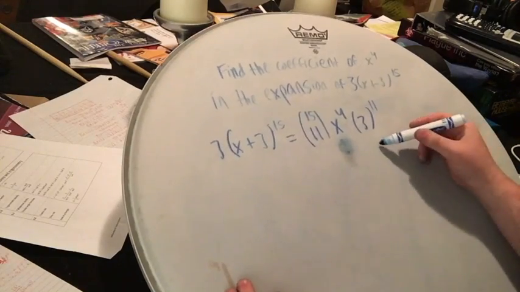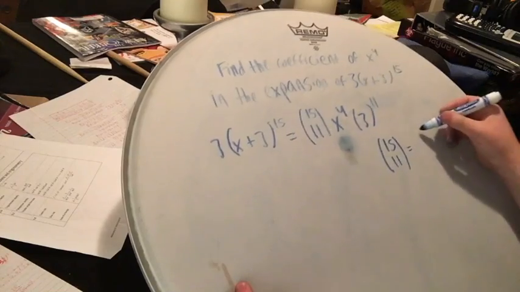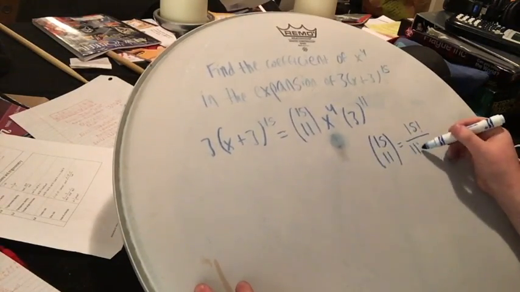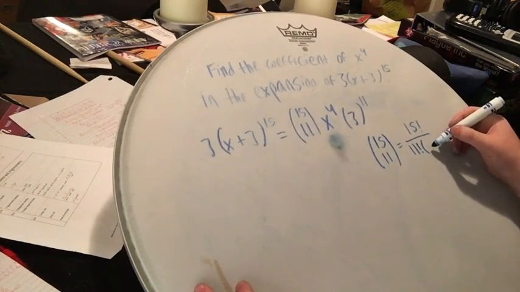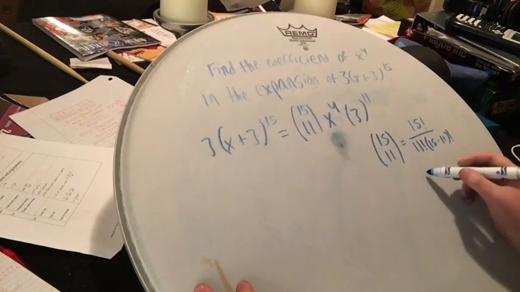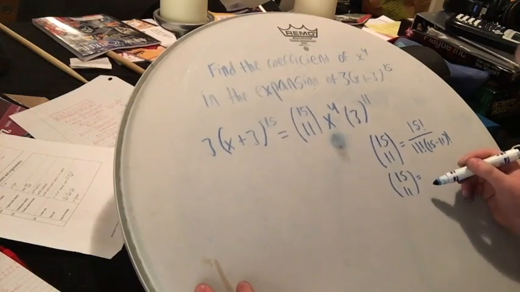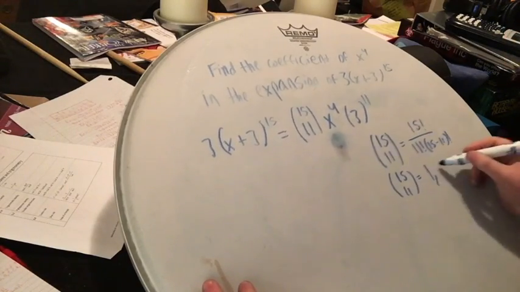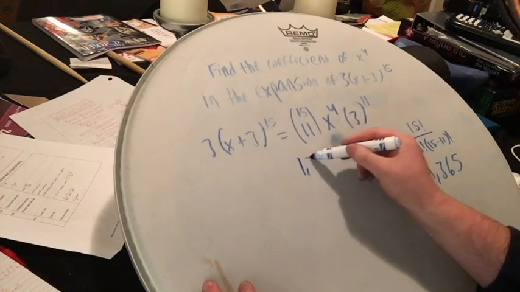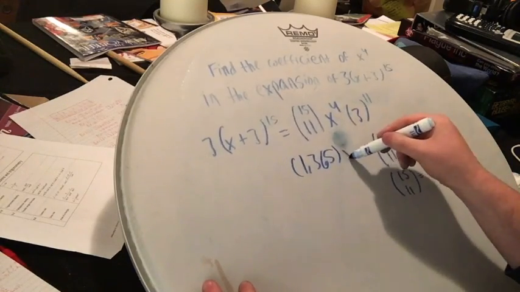First we get the binomial coefficient, of course. 15 factorial over 11 factorial times 15 minus 11 factorial, so it's going to be 4 factorial. When you work that out, you get 1,365. So that goes right here, 1,365, and then just x to the 4th.